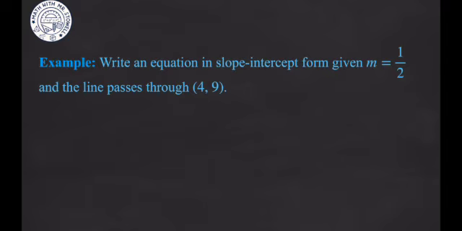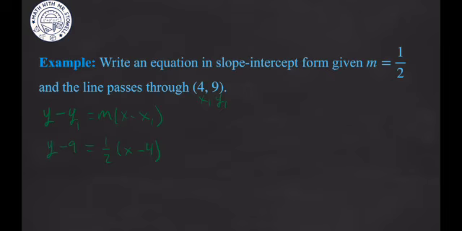But we do have another format that we can put it in and slowly transition it over using our algebra skills. So we use point-slope form, which is y minus y1 equals m times x minus x1. Slope is 1 over 2. We have the point. Let's call this x1, y1. So y minus 9 equals 1 over 2 times x minus 4.